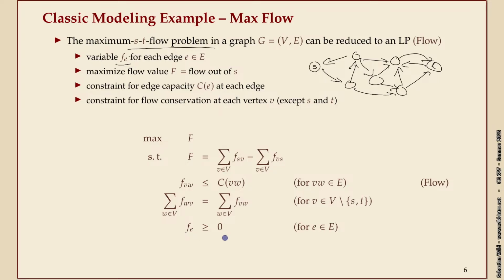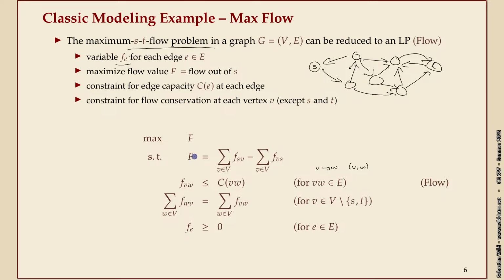It's got to be non-negative because we don't allow negative flow in this case. And it should be bounded by the capacity of the edge. So f of the edge, I'm writing VW for the edge going from V to W. Sometimes you would write it like this, or as an ordered pair. I'm using the more space-economic version here.